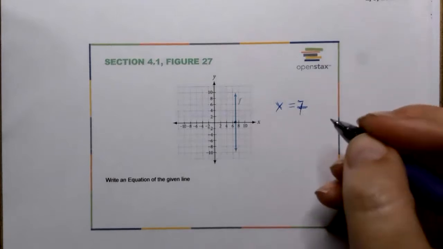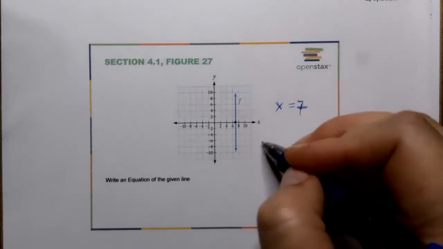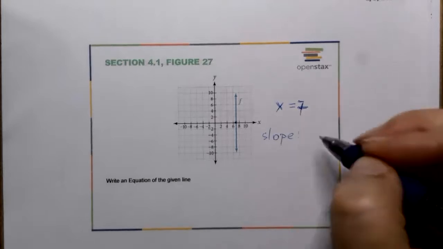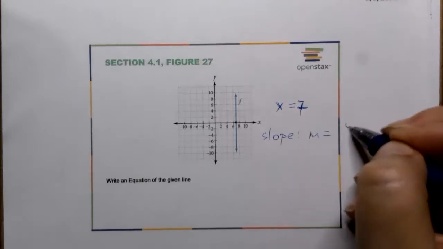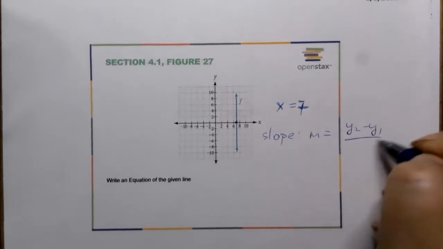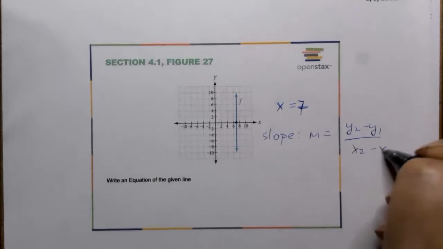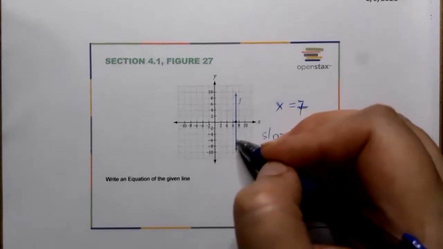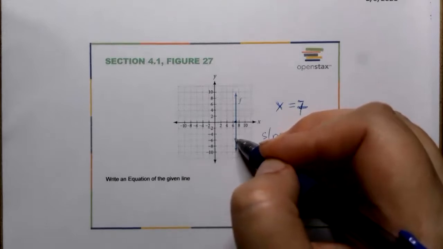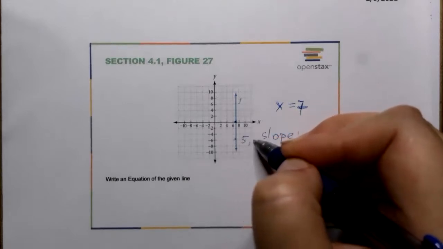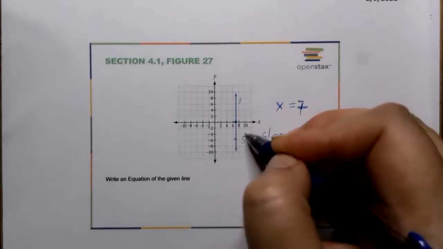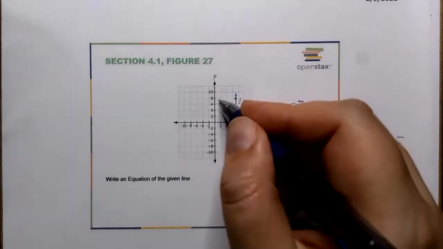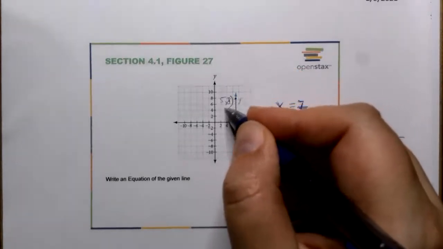To help you answer that question, let's recall that slope is y2 minus y1 over x2 minus x1. So if we were to choose 2 points here, let's say this point is (5, -6) and this point here is (5, 8).